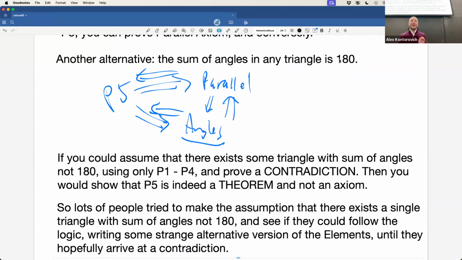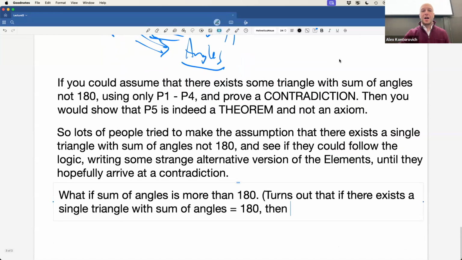It turns out that if the sum of angles in just a single triangle is 180, you already prove that all other triangles also have to have 180 degrees. Based on which postulate? I don't want to go into the full proof, but if you have a single triangle with angle sum 180 degrees, then you can construct a unique parallel line to any given line and a point.